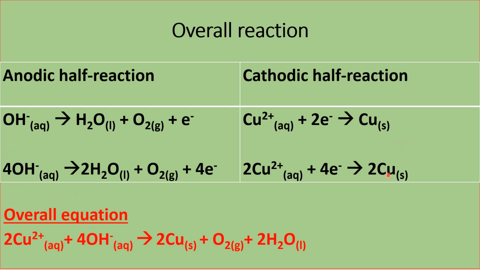The product at the cathode is 2Cu, and that is what I have here. The products at the anode are water and oxygen gas, and that is what I have here. So this is the overall chemical reaction of what happened in the electrolysis of copper 2 tetraoxosulfate 6 using what? Carbon or platinum electrode.